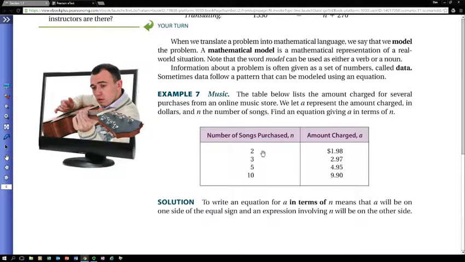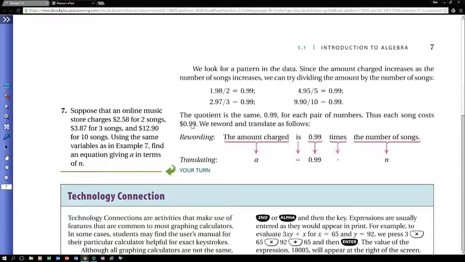They start looking at a comparison or relationship between these numbers. What would happen if I had a different number in here, like 20? What would be the amount charged? Well, I can write an expression just from this data to create an algebraic expression and then an equation. And that's what they start doing.